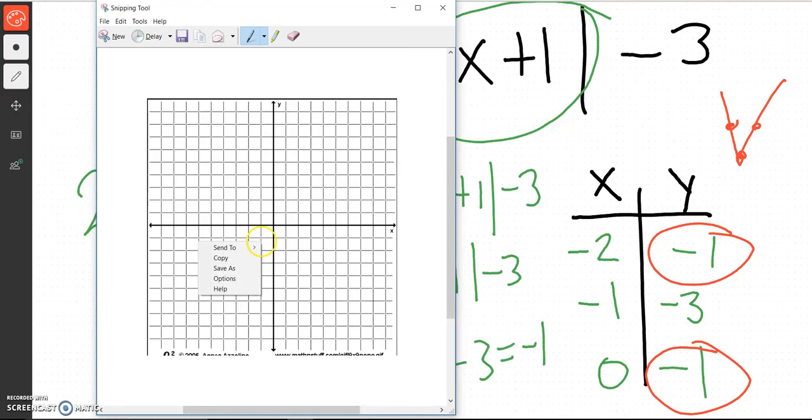Normally I don't have this much trouble with the snipping tool, but it doesn't want to draw today. And then one more point at -2, -1, which would be right there. We make our V shape, and we're done.